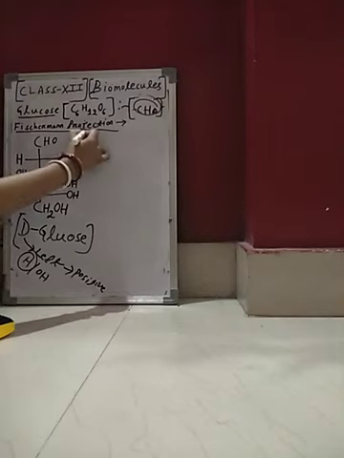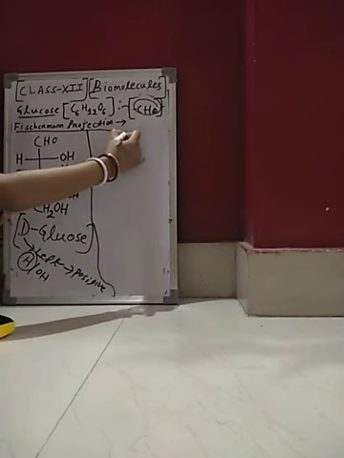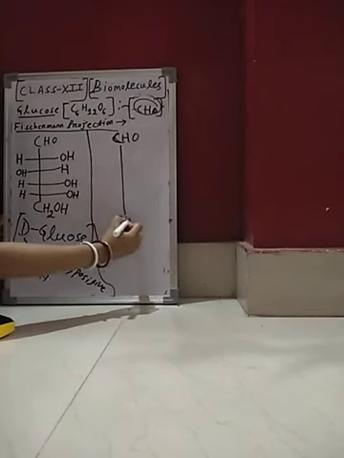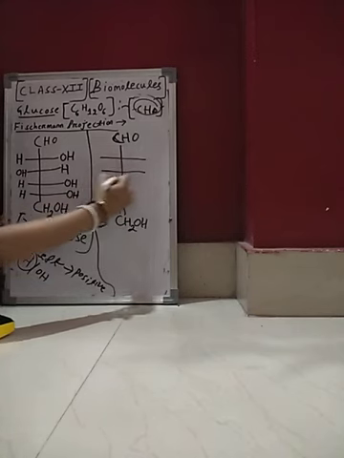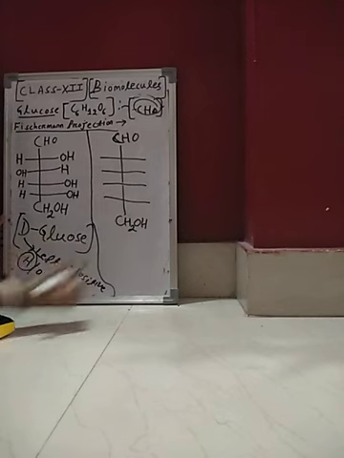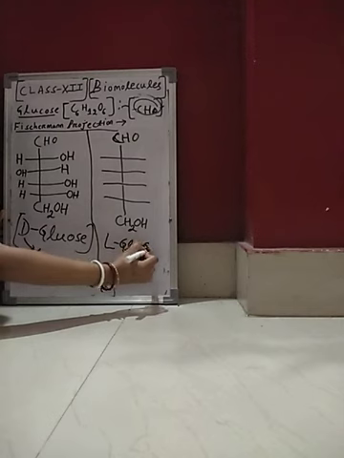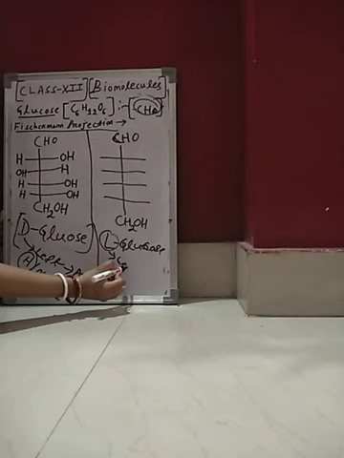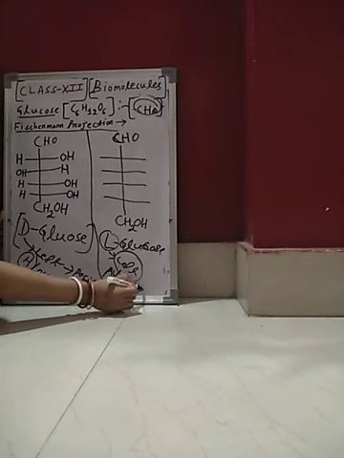Then you have to draw the structure of L-glucose. At the top it is the CHO group, below it is the CH2OH group, then the remaining 4 carbon atoms. In case of L-glucose, what you have to remember? On the left there is negative.